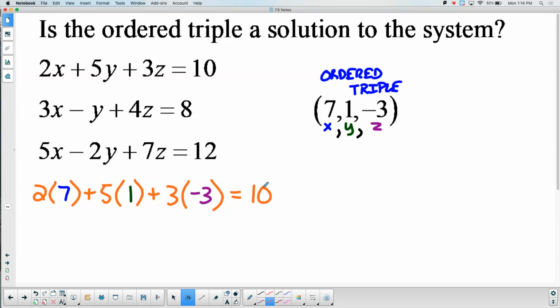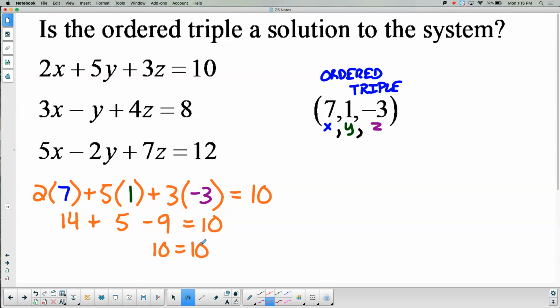Well, 2 times 7 is 14, plus 5 times 1 is 5, plus 3 times negative 3 is negative 9. 14 plus 5 is 19. Minus 9 is 10. So that one works out.